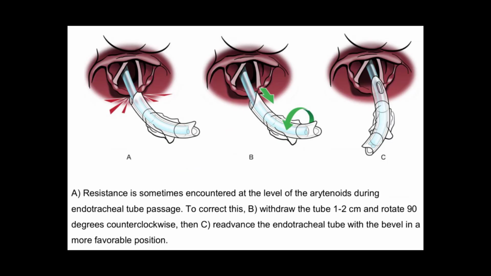Even though it isn't a complicated piece of equipment, there are some small tips and tricks to using it appropriately. The most common error or difficulty we see with the bougie is that once the bougie's through the cords and an endotracheal tube is being railroaded over top, the tip of the endotracheal tube may get caught up on the arytenoid cartilage as you're trying to get it through the vocal cords.